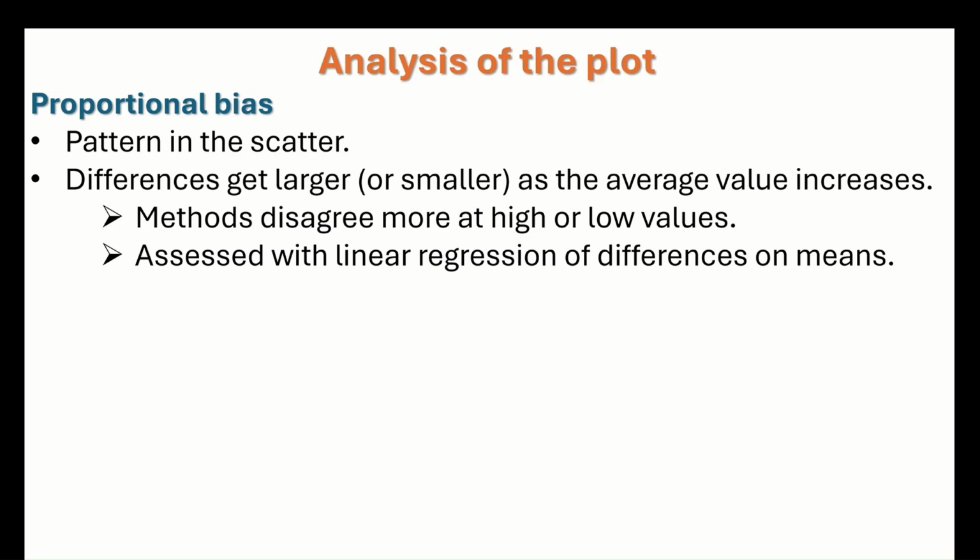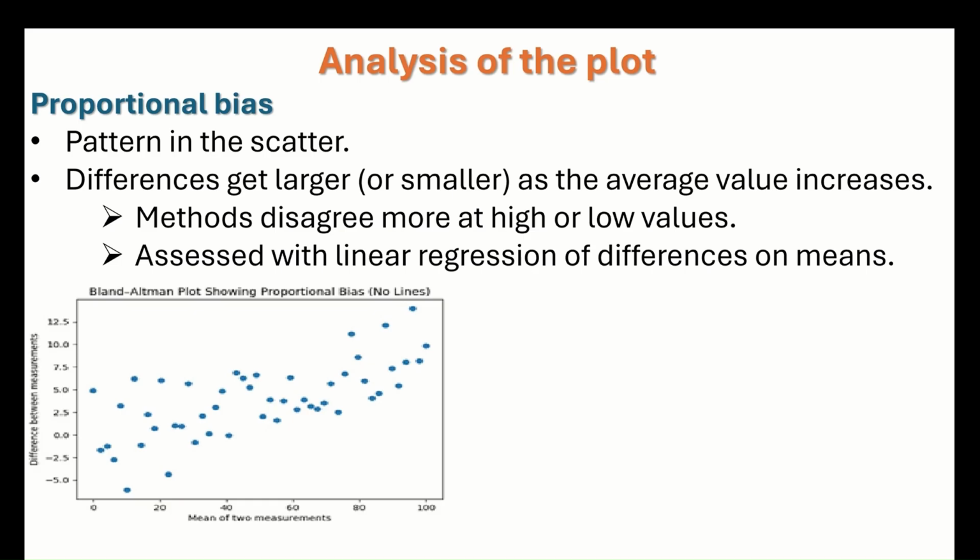To double check and confirm this observation, simple linear regression can be done using the variable for the differences between the two measurements and the mean for the two measurements.